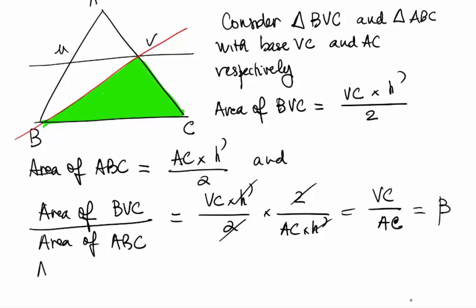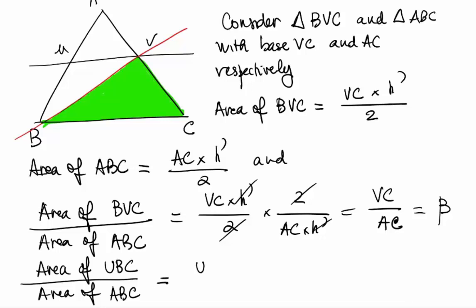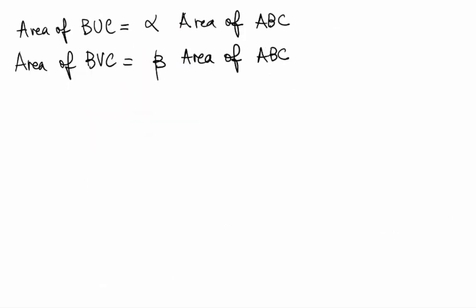And we have shown that the area of UBC over the area of ABC is equal to UB over AB, which is equal to alpha.